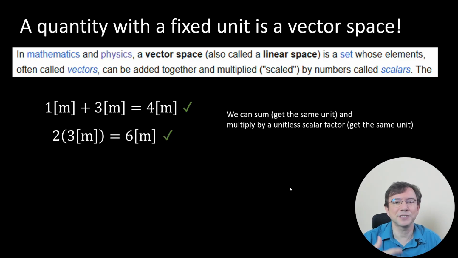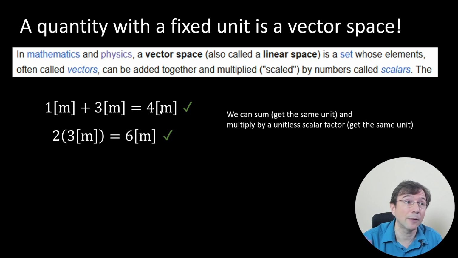So how do units work? Well, the first observation is that quantities with a fixed unit do form a vector space. Again, for a vector space, we just need a set of elements that we can sum and multiply. So if we sum two quantities in meters, along the same direction, because otherwise we're adding something that doesn't make sense, 1 meter plus 3 meters gives 4 meters.